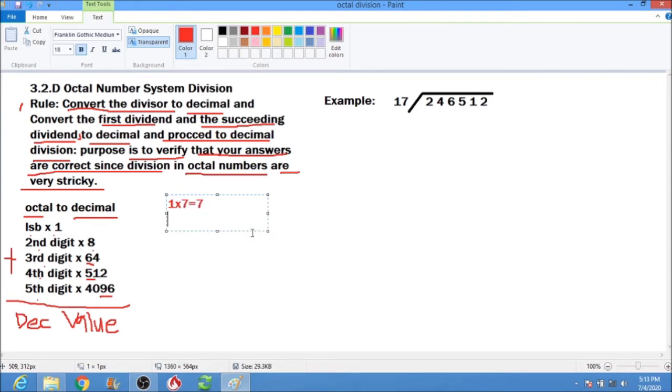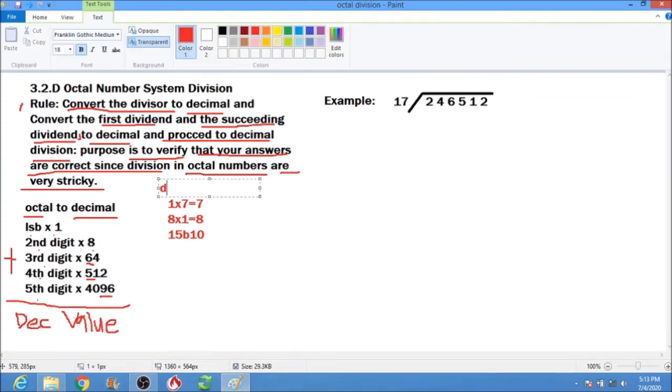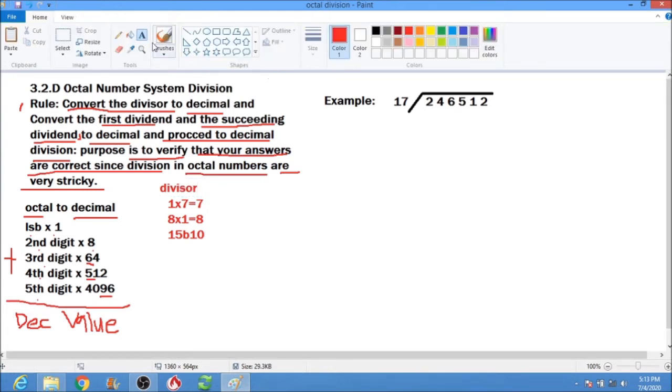The other one is 8 times 1, which is equal to 8, and 7 plus 8 is of course 15 in decimal, base 10. This is our divisor, 15 base 10.